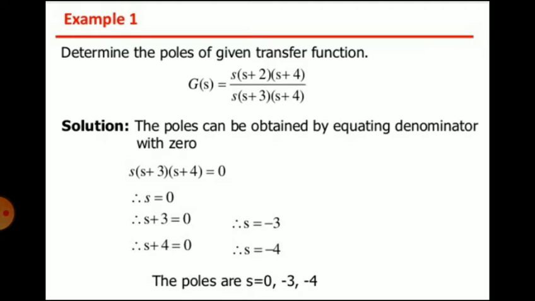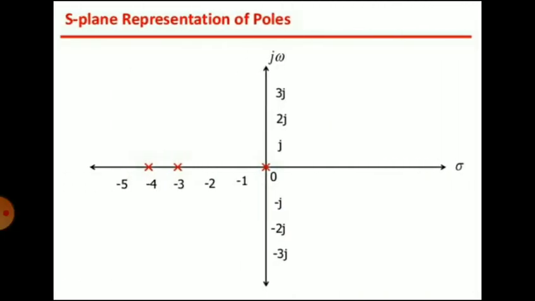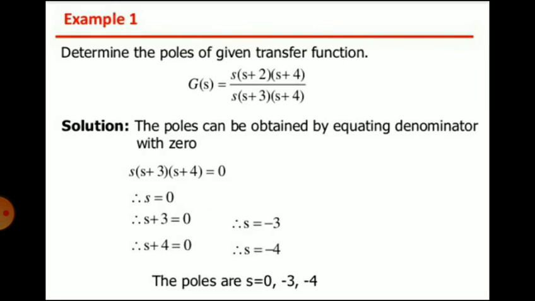Now these poles are indicated by a cross in the s plane. So this is the s plane. The x axis is the real axis, and the y axis is the imaginary axis. On the x axis there are values of sigma, and the y axis is the imaginary axis, so it is j omega.